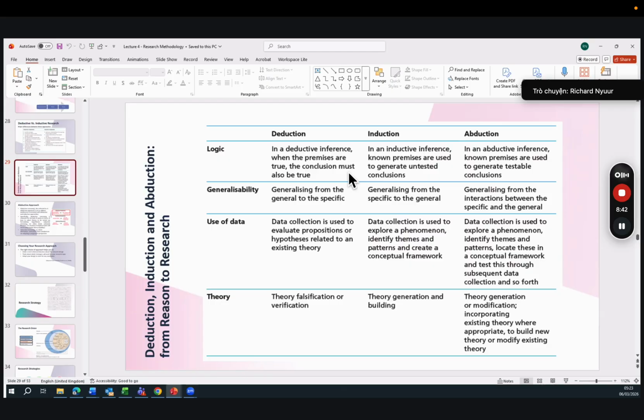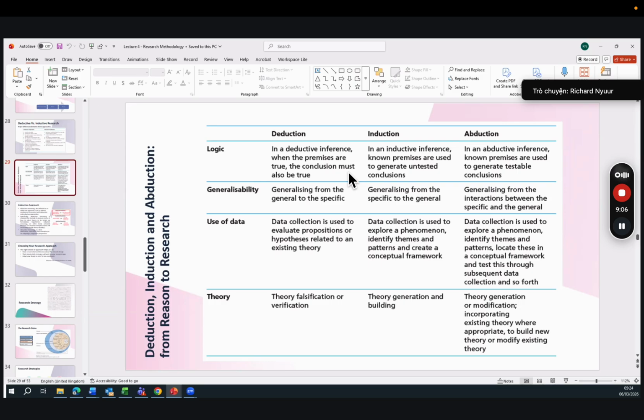Deduction is pretty much based on generalization, collecting quantitative data to evaluate hypotheses based on an existing theory. The aim is to generalize, to verify, to validate, or to falsify a theory.